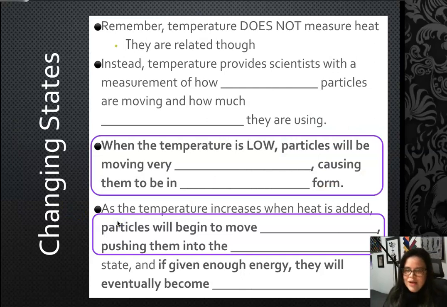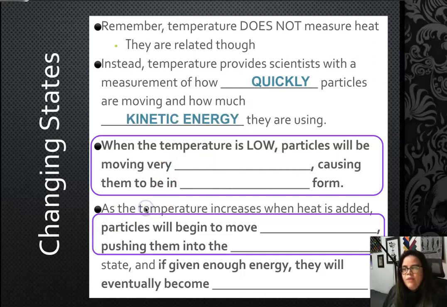Okay, boring notes time, but go ahead and screenshot these. You don't have to copy them down because I think they will make sense as we go through our lab later on this week. I'm just going to quickly read through this. Remember, temperature does not measure heat. They are, of course, related. Instead, temperature provides scientists with a measurement of how quickly particles are moving and how much kinetic energy they are using.